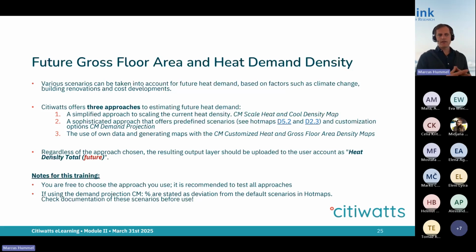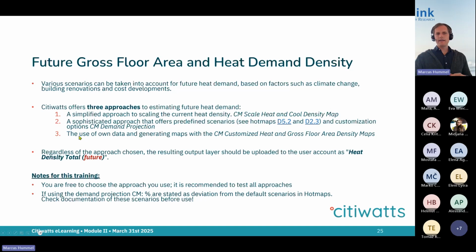The reference scenarios were calculated at the national level. And you can select out of different of those reference scenarios, and you can again then adjust some of the parameters in those reference scenarios in order to fit your expectations.